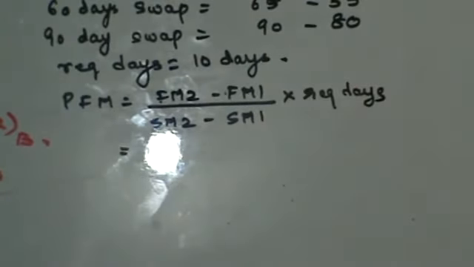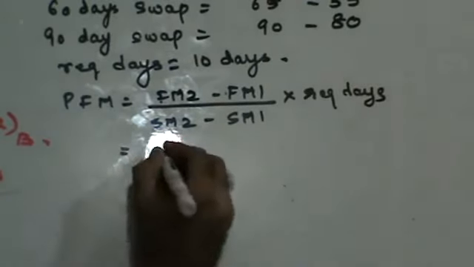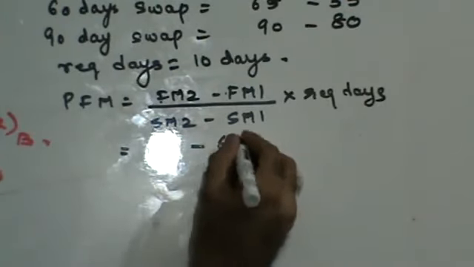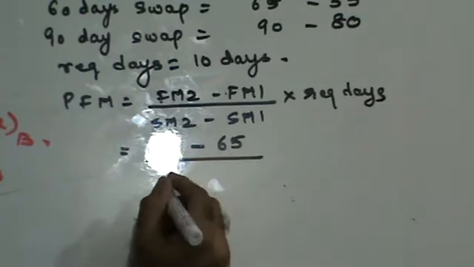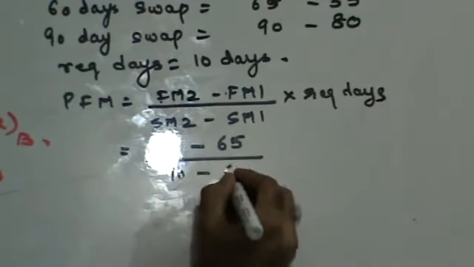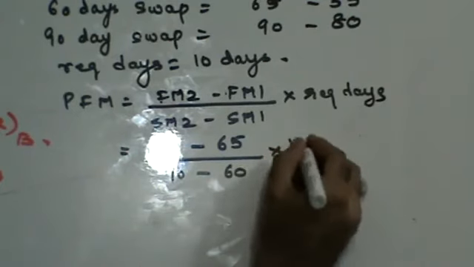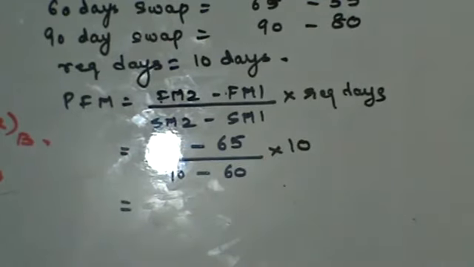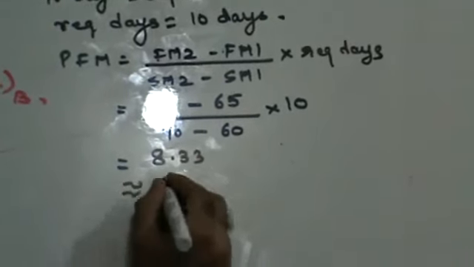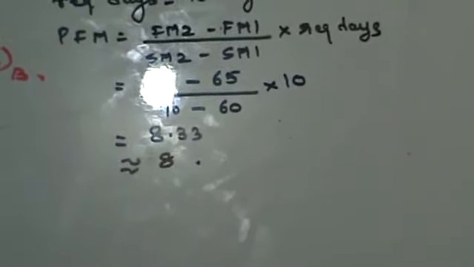Forward margin of second period, that is 90 days, is 90, minus forward margin of first period, 65, divided by maturity of second period, 90 days, minus maturity of first period, 60 days, into 10, right? When you solve this, you will get 8.33, which is approximately equal to 8, right?